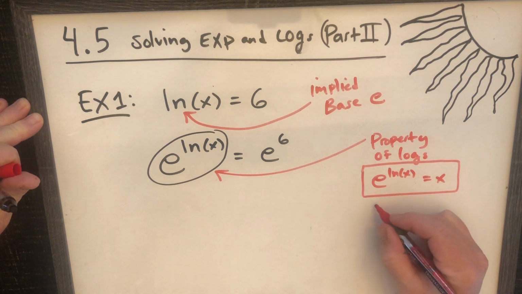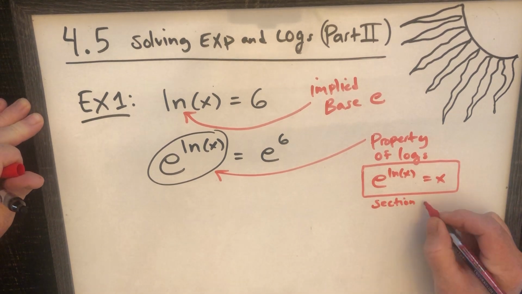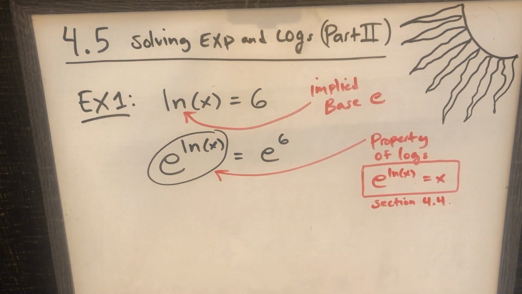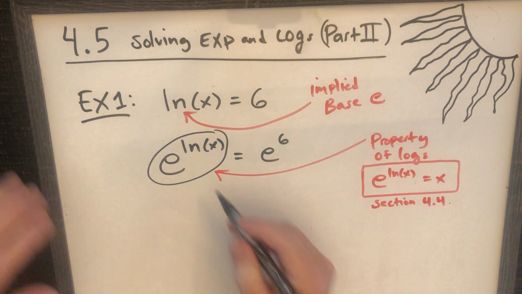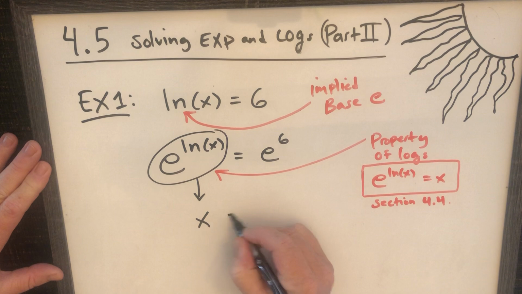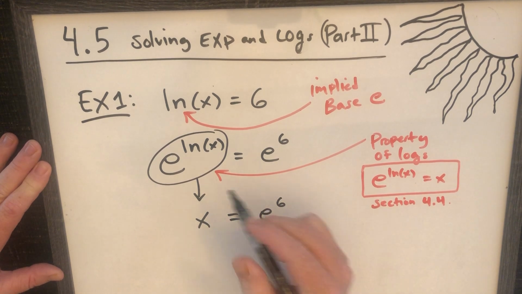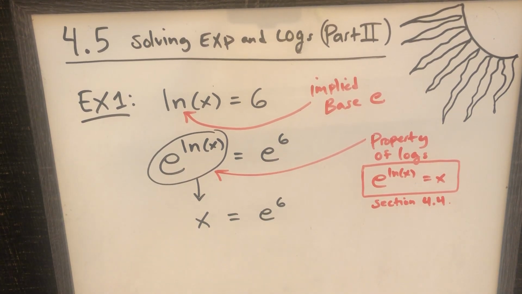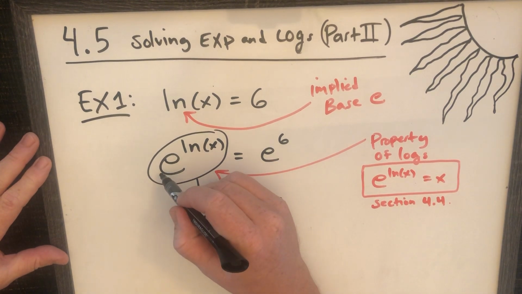You can refer to that from section 4.4. So the left-hand side just becomes x, and our solution is e to the 6th power. And yes, it really is that simple for now.